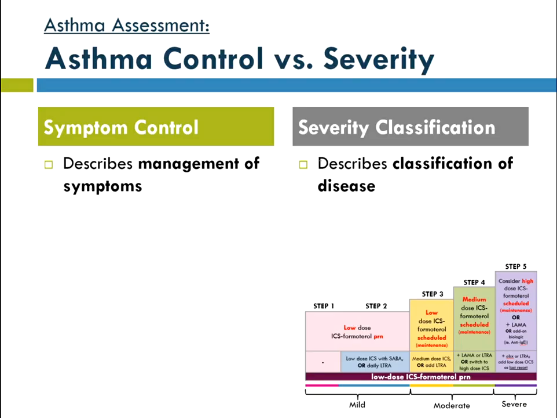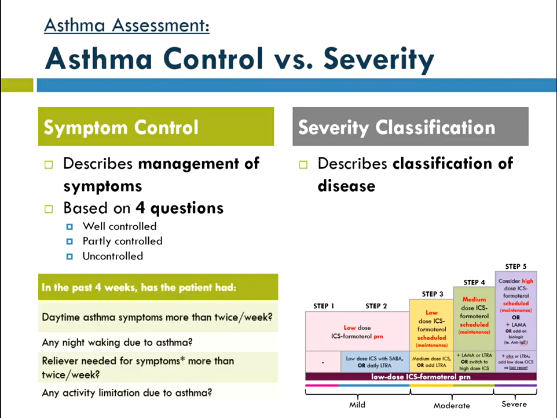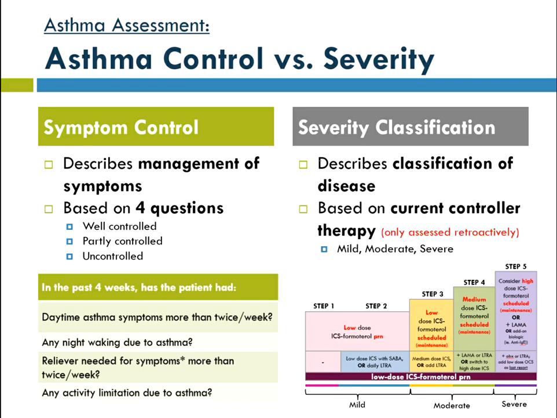Symptom control is based on those 4 questions in which you get well controlled, partly controlled, uncontrolled. Severity classification is based on the current controller therapy, which means it has to be retroactive, and that's your mild, moderate, severe. Okay, so this is your summary slide.